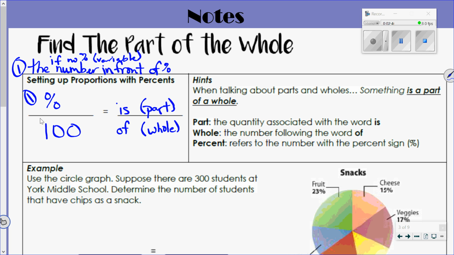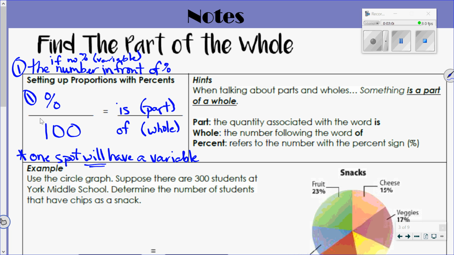Now, as an additional part to your notes here, one spot will have a variable. Okay, that's what we're doing, is we're solving for that.